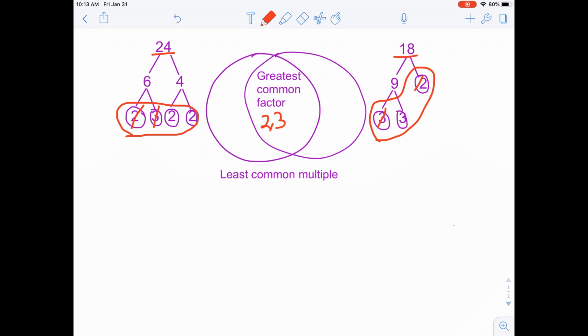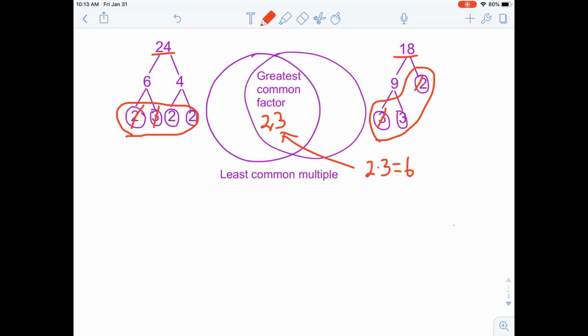Those are the only factors in common. So the greatest common factor for 24 and 18 is going to be the product of 2 times 3, which is 6. So the greatest common factor of 24 and 18 is 6.